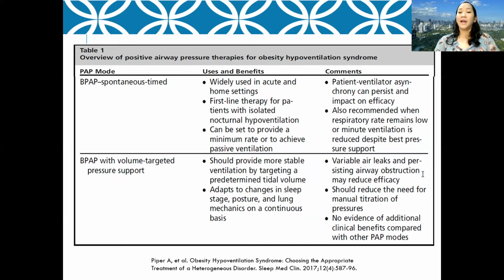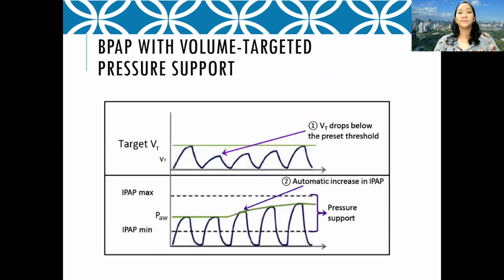However, with variable air leaks and persistent airway obstruction, it may reduce efficacy. And it should reduce the need for manual titration, particularly in centers that have limited availability. However, there is no evidence of clear additional clinical benefit compared to other PAP modes.